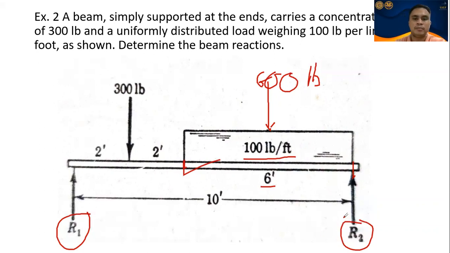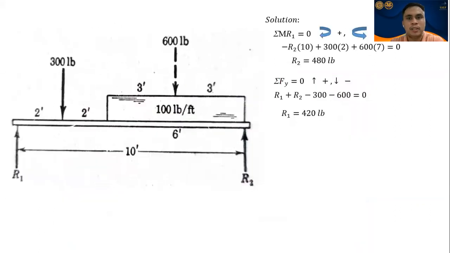Okay? So, here, class, we will still use only two things, summation of forces or summation of moment. Okay, next, class. So, this is the solution, class, 600 pounds. Then, we take the summation of moment at R1 equals 0, clockwise positive, counterclockwise negative.